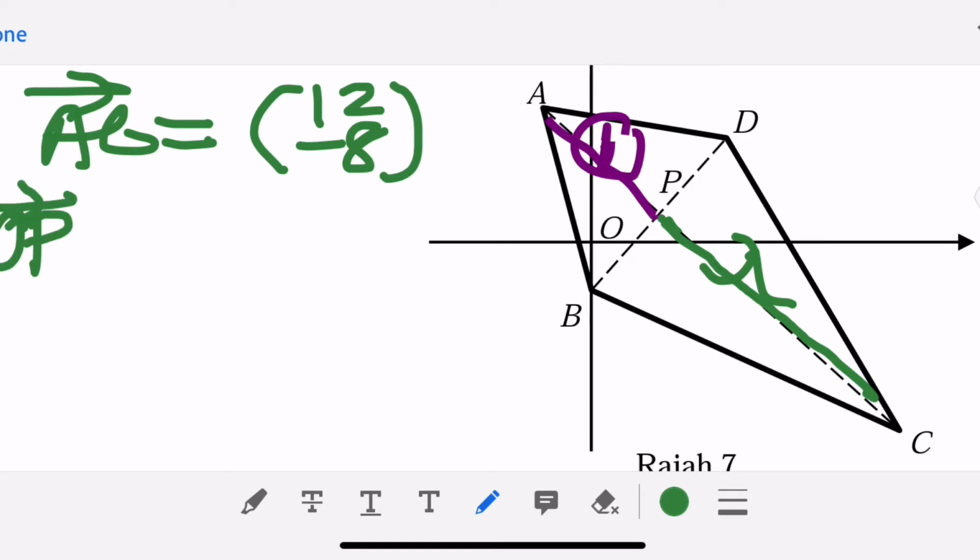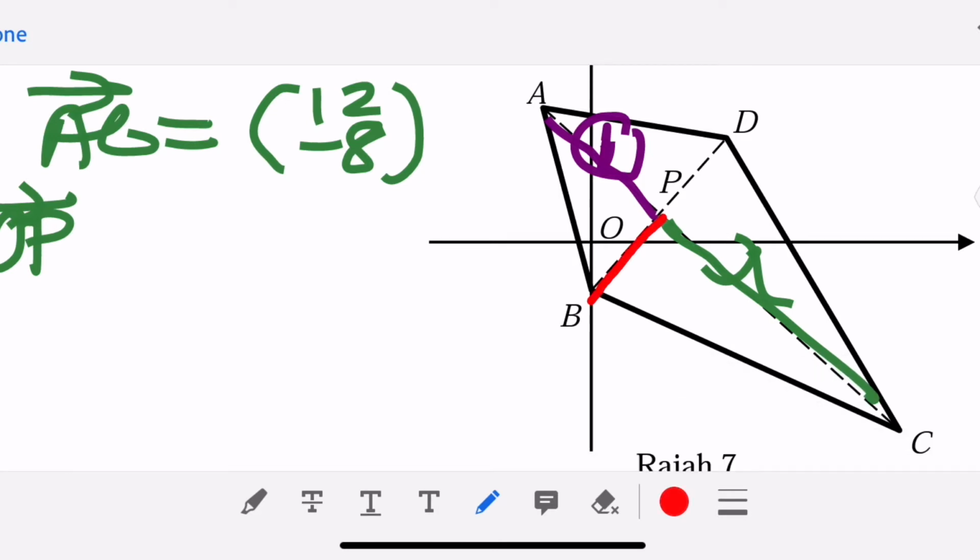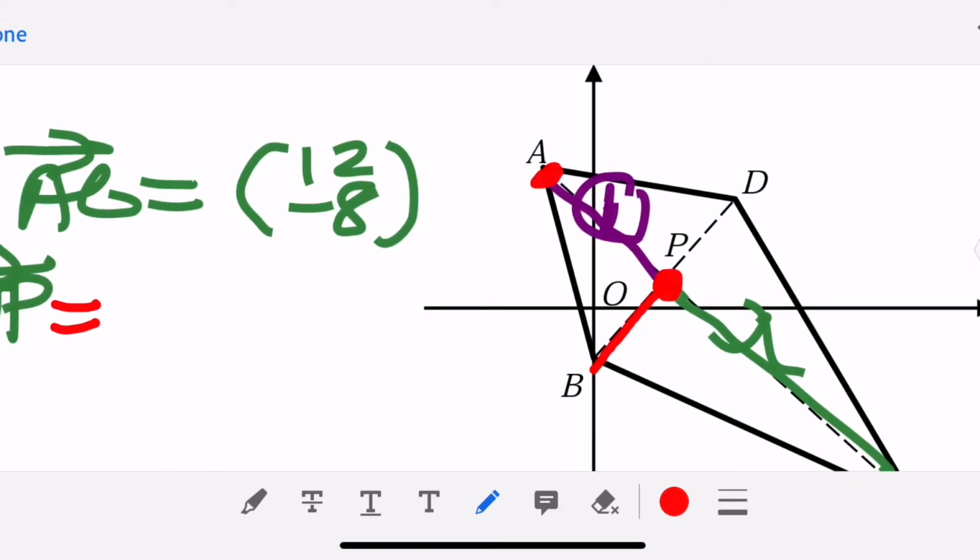OP is here. Let me show you. This is the OP. We are going to find OP in terms of lambda. Actually, we can use the ratio theorem that you learned in coordinate geometry. This point was given, right?